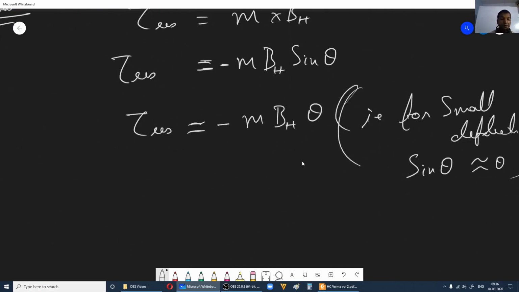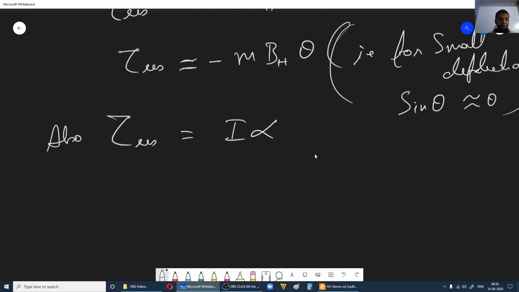Now this restoring torque, you can also equate it to I alpha, where I is the moment of inertia of your bar magnet and alpha is its angular acceleration. So I alpha will be equal to minus MBH theta.